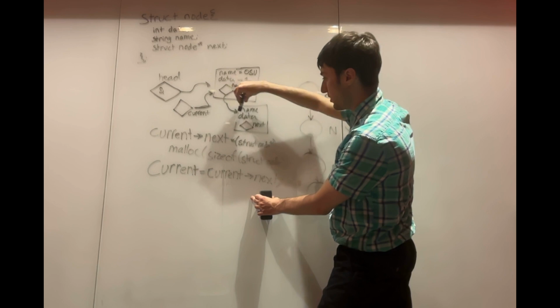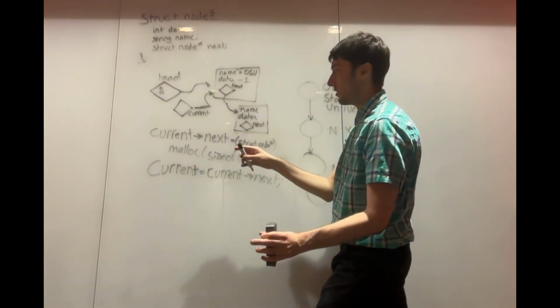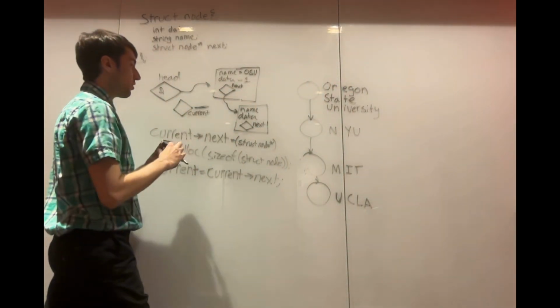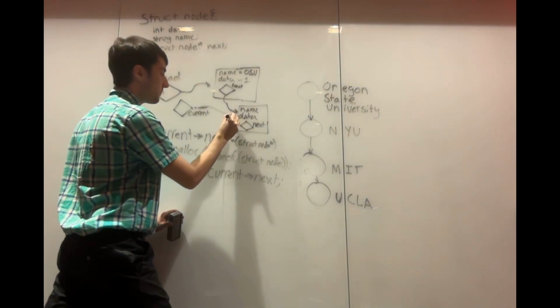See, next is pointing to here. And then we're going to assign it to current. So that changes current, and it no longer points there, it points here.